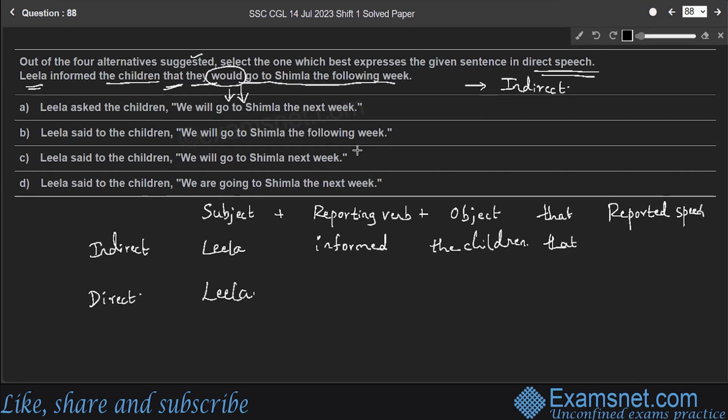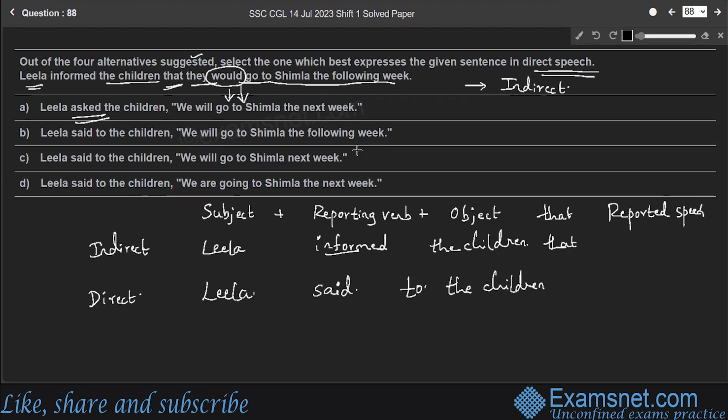Informed in the indirect speech becomes said. It will not be asked because it is a simple sentence. There is no question here. So Leela said, to whom? To the children. Leela said to the children.